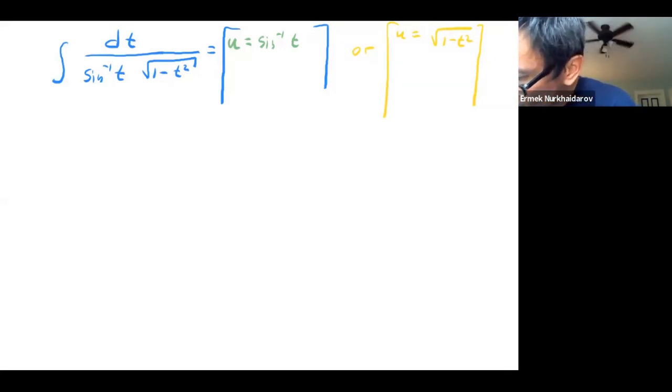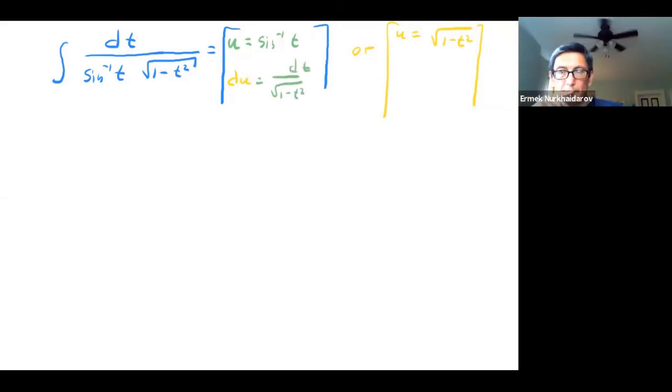So you're going to find du. Recall the derivative of sine inverse. That's what we're learning right now. And if you have a good eye, you don't even have to do much after that.